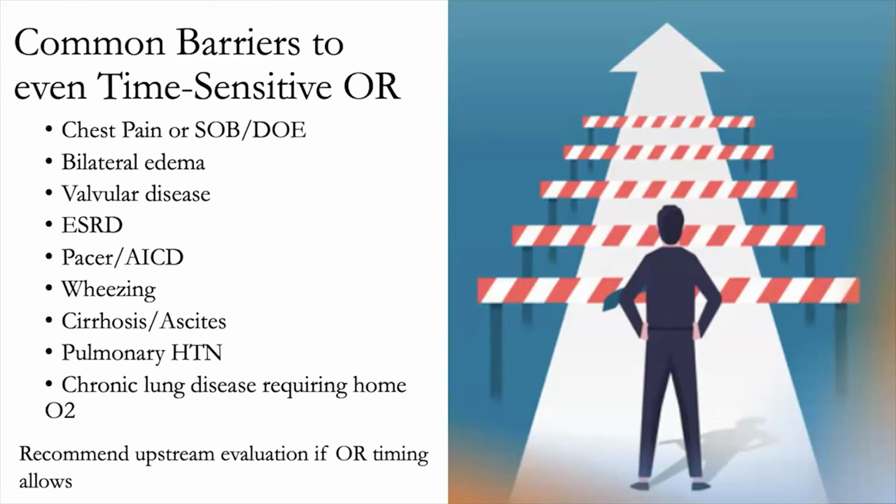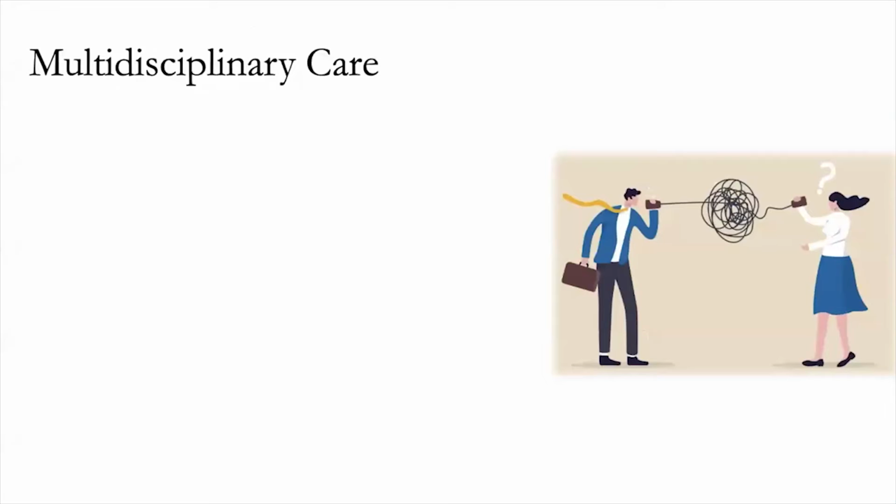Patients who are actively wheezing or have severe lung disease requiring home oxygen are, of course, high risk. Patients with cirrhosis or ascites, or those with pulmonary hypertension. If you get the sense that your patient has any of these things, or you hear about that from the emergency room, we would really recommend upstream preoperative evaluation if it's not a crash.